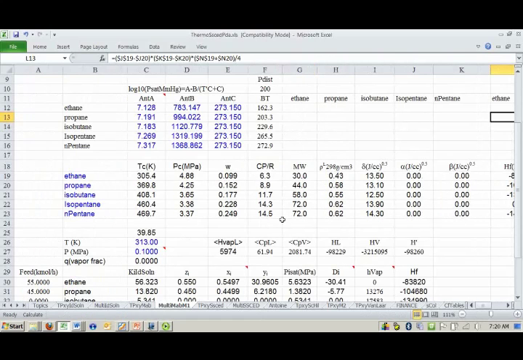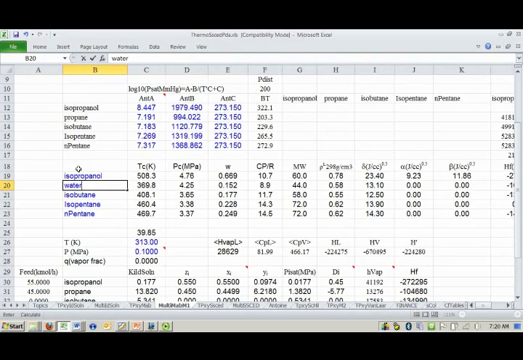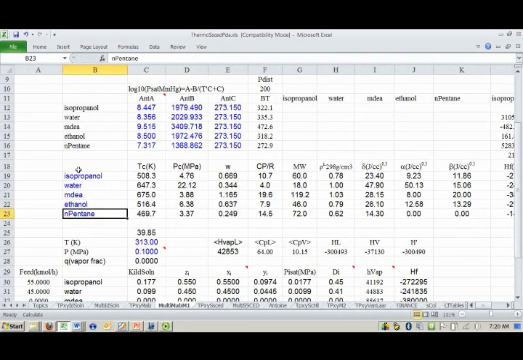Tell you what, I'm going to push pause here. The compounds we want are isopropanol, water, and MDEA.